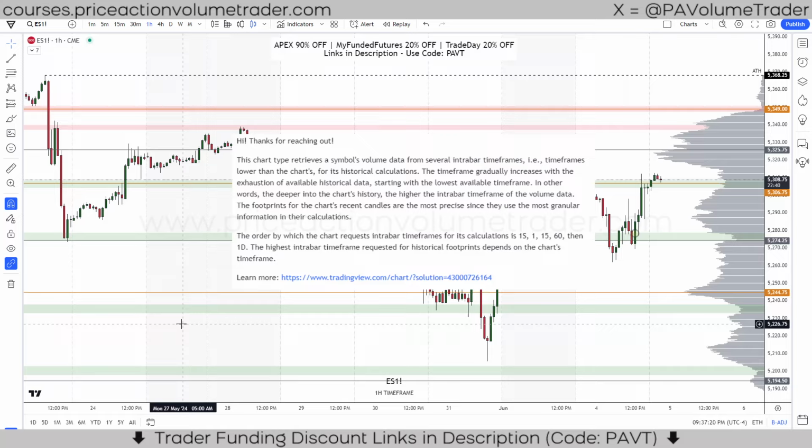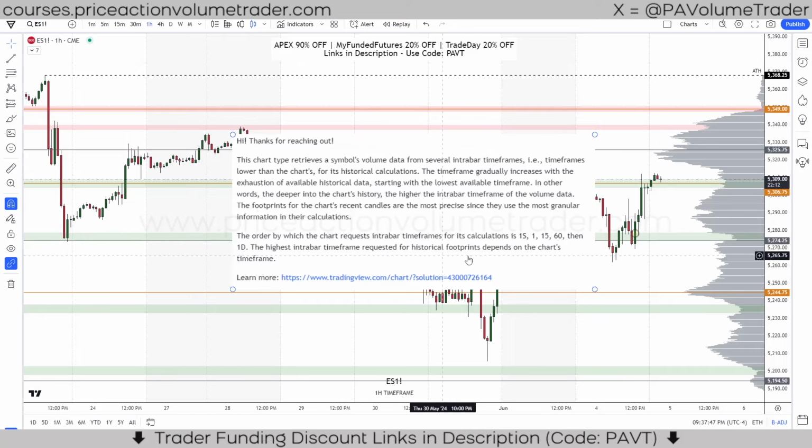In other words, the deeper into the chart's history, the higher the intrabar time frame of the volume data. So the footprints for the chart's recent candles are the most precise since they use the most granular information in their calculation. The order by which the chart requires intrabar timeframes for calculations is 1 second, 1 minute, 15 minutes, 60 minutes, then 1 day.